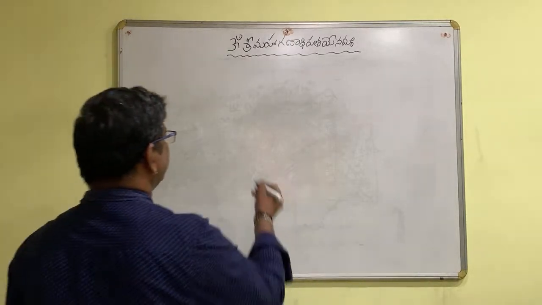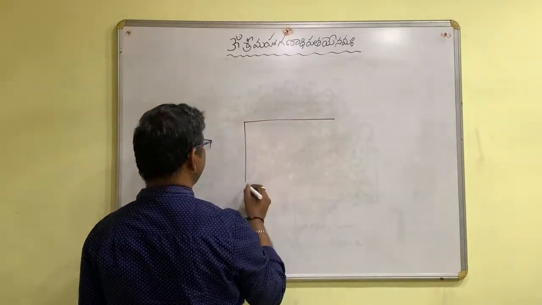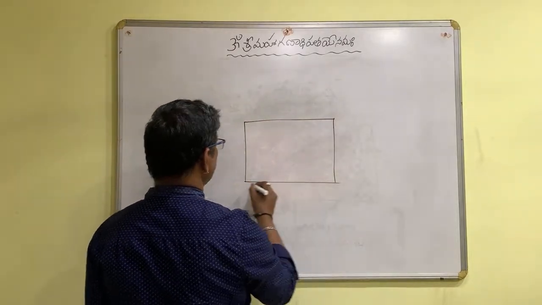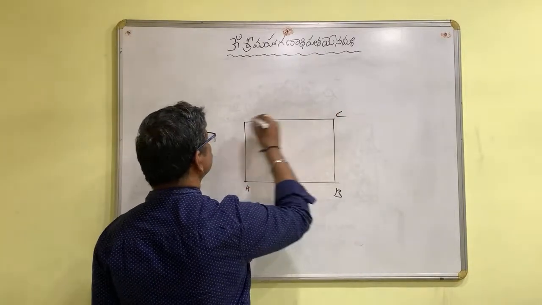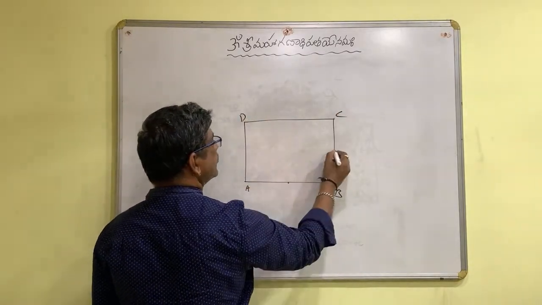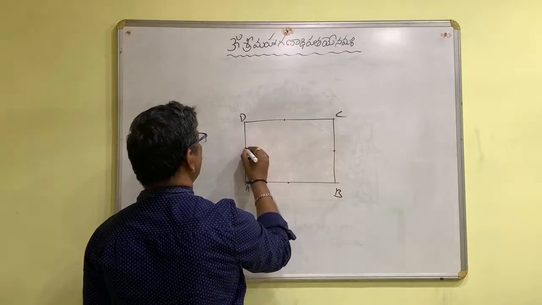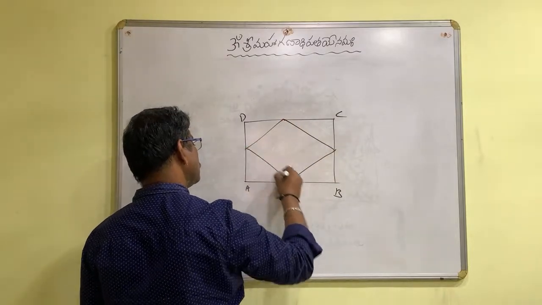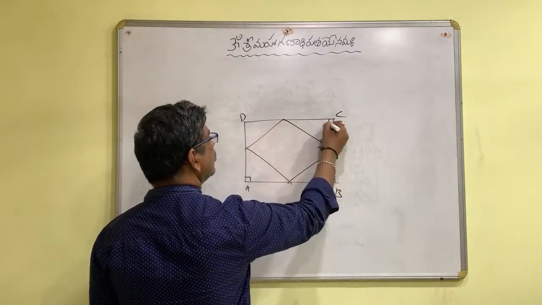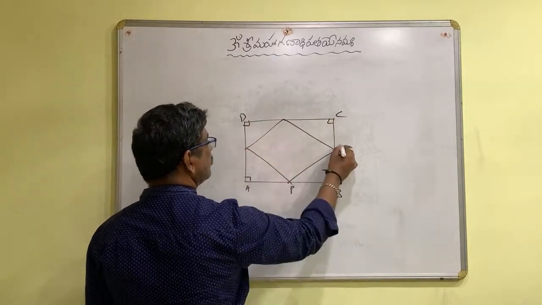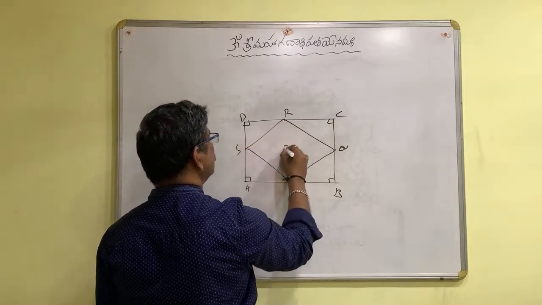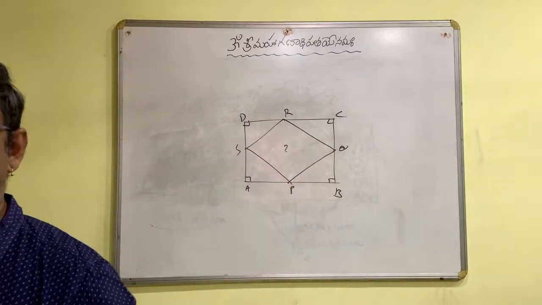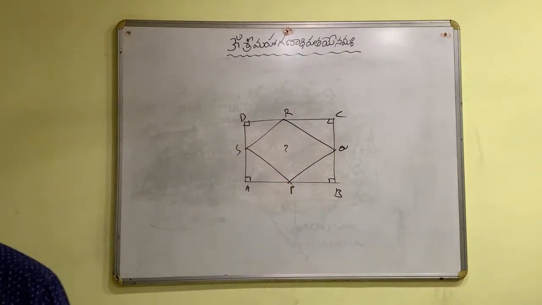Suppose I consider a rectangle ABCD, and I join the midpoints of all the four sides. Then what can you say about PQRS? Is it a parallelogram or a rectangle or a rhombus?